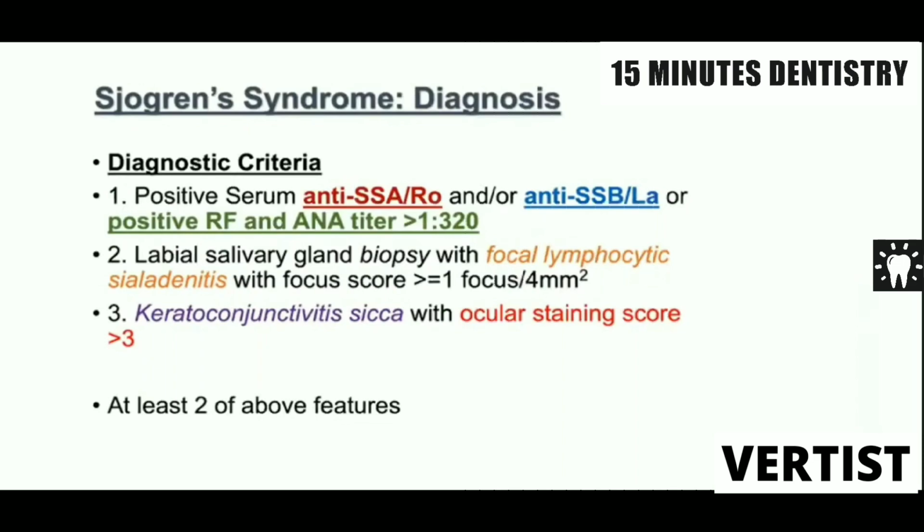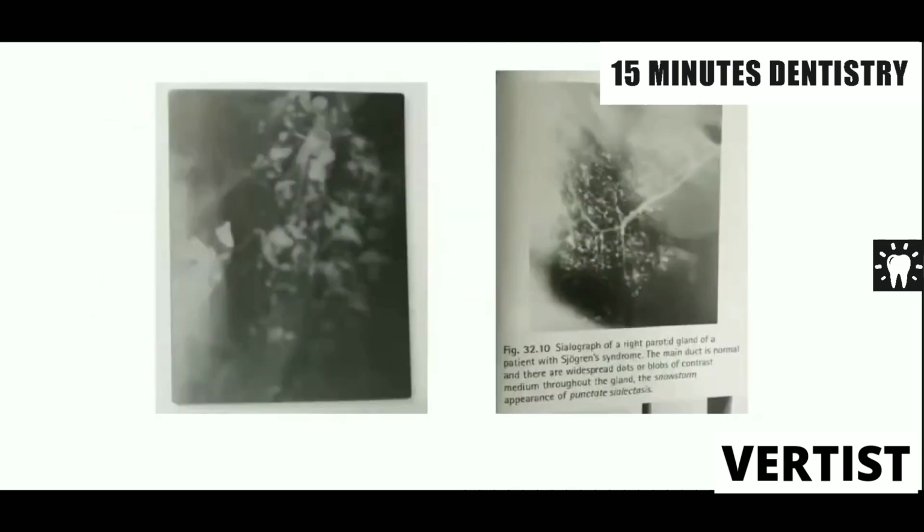Either positive serum anti-SSA/Ro or anti-SSB/La, which is suggestive of a connective tissue disorder, or a positive labial salivary gland biopsy with focus score of more than 1 focus per 4 square millimeters, and keratoconjunctivitis. So, two of the above features should be positive to confirm the diagnosis of Sjogren's syndrome.